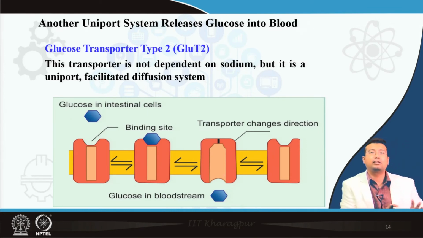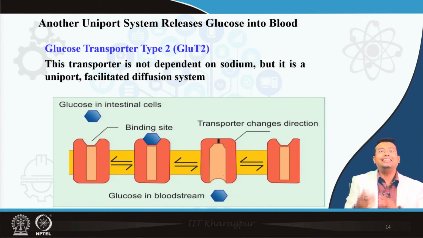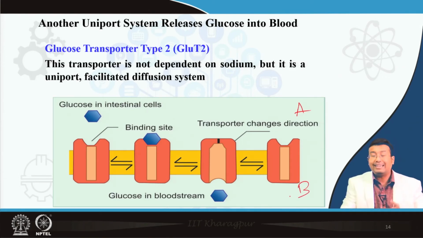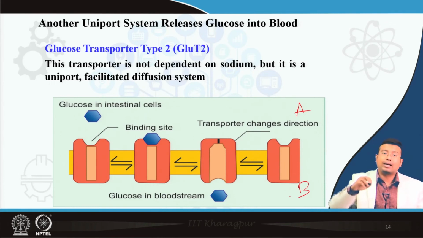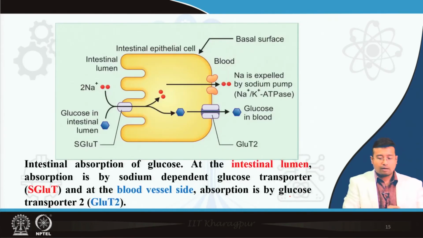This is reversible depending on the need for glucose. Glucose can go in and out through this transporter. Suppose from side A to side B we need glucose absorption. Next, when side A needs more glucose, glucose can go out in a similar fashion.